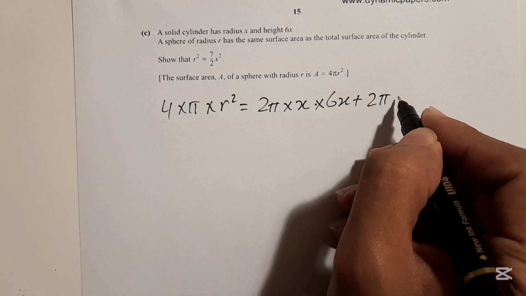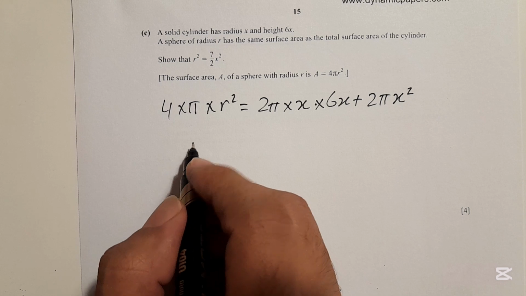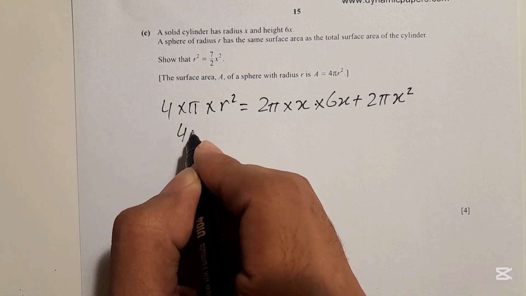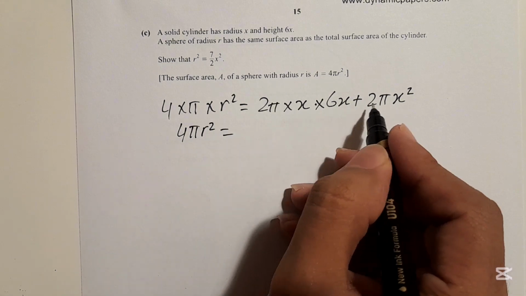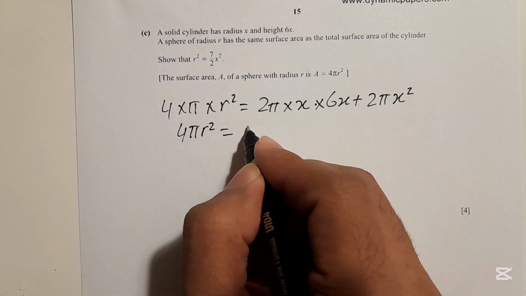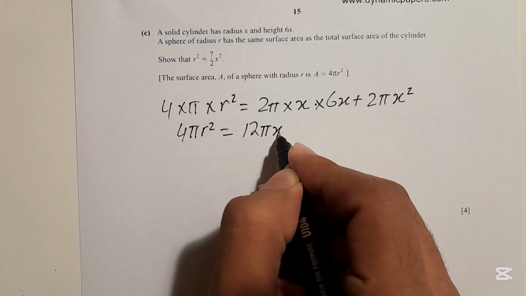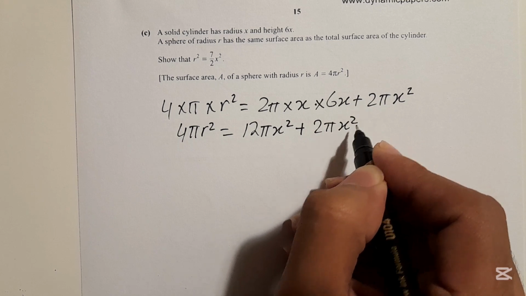With the radius x and height 6x, that is 2 pi x times 6x, plus 2 pi x squared, like this. Now we will expand this: 4 pi r squared is equal to 2 pi, 2 6s are 12, 12 pi x squared plus 2 pi x squared.